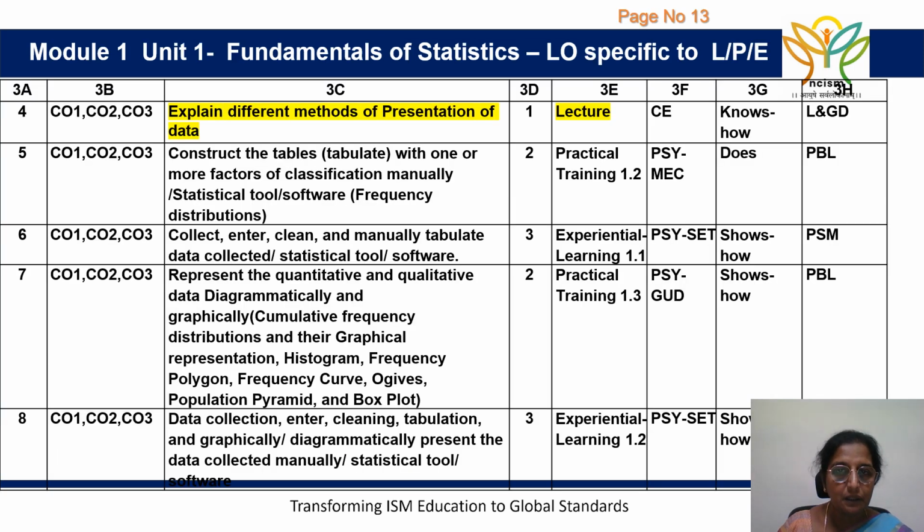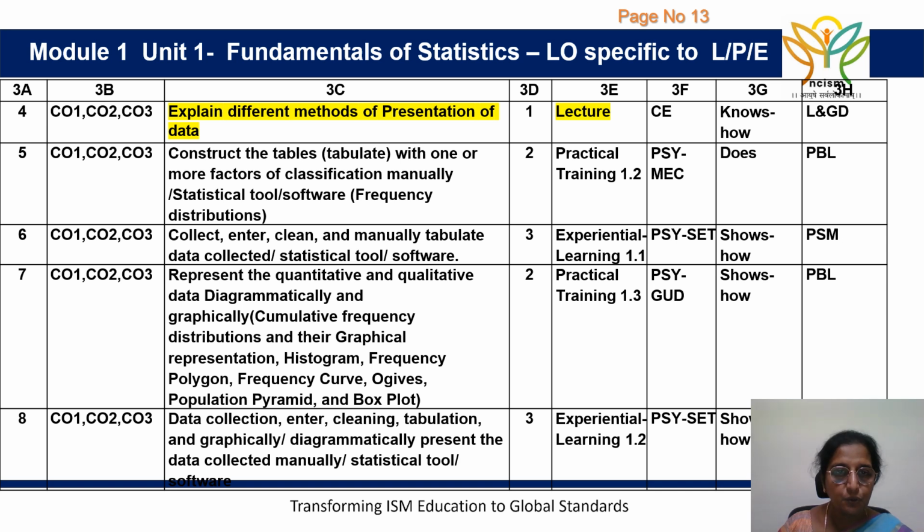Coming to the learning objectives specific to lecture, practical training or experiential learning. Here you can see the columns listed from 3A to 3H. The first column shows the running serial number as 4, and the course objectives as CO1, CO2 and CO3.